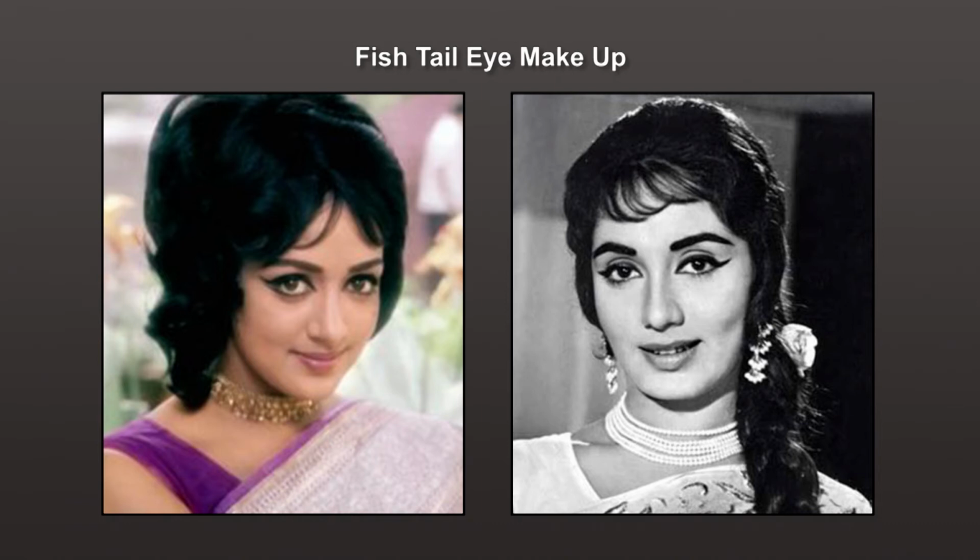We should also note that the eyeliner was used heavily on the upper part of the eye, giving a tail, and the lower part had very minimal usage of the eyeliner. This style was also called the cat eye.